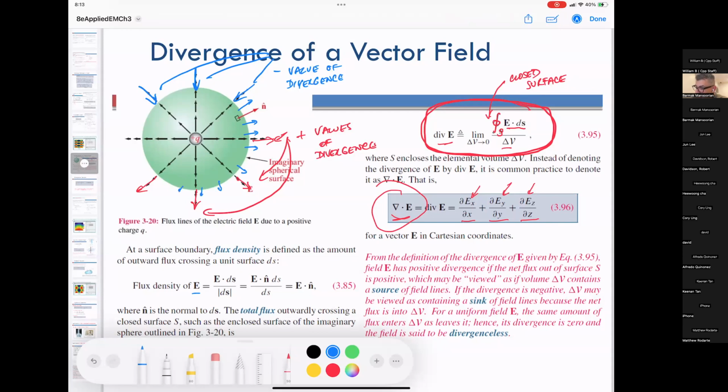So the flux density is just equal to the dot product of that vector field with the unit vector that is perpendicular to the volume. That ends up being the flux density of any kind of vector field.